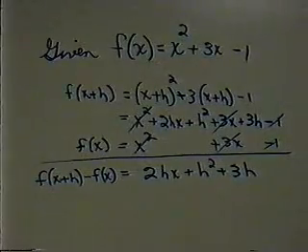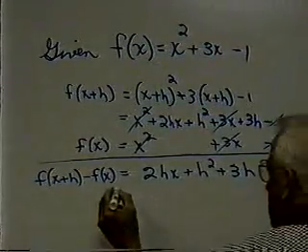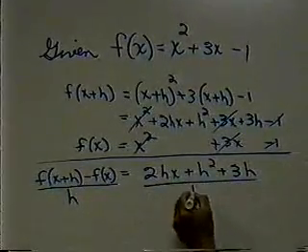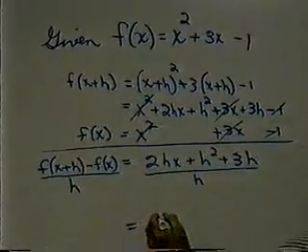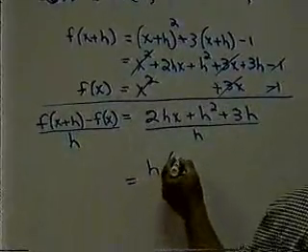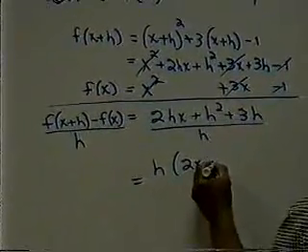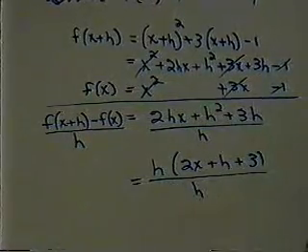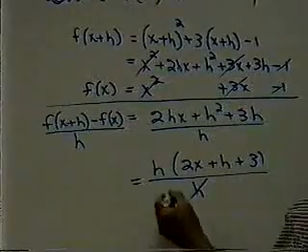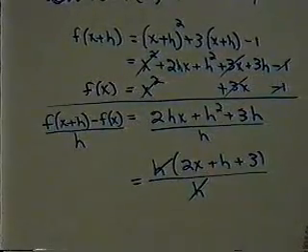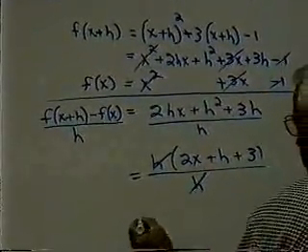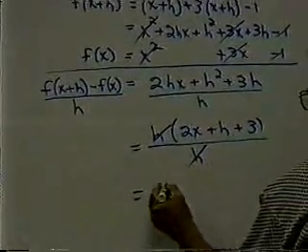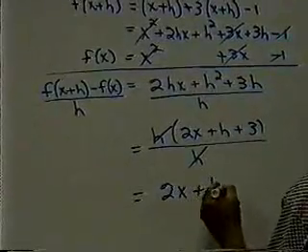That's step two. Step three then is to come along and divide this side by h. Divide this side by h. Well, what we'll do is factor an h out of that, and we're left with h times 2x plus h plus 3, all divided by h. And what happens now? These divide out. And so what we have left in the difference quotient process here is 2x plus h plus 3.